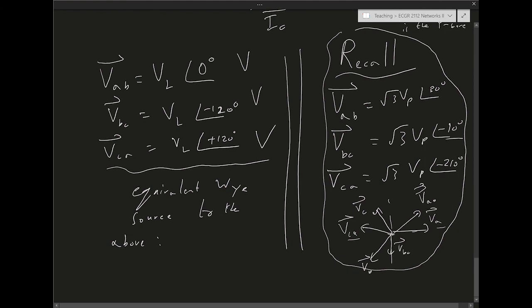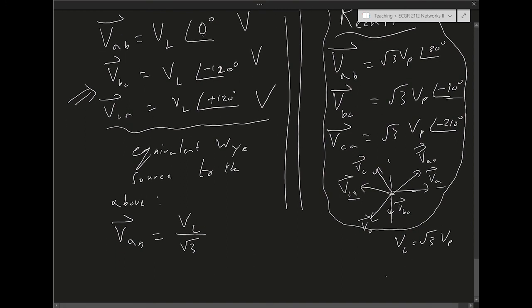So in this case, because we're starting at 0, the equivalent VAN of this delta connected source is VL over square root of 3. First, remember this relationship, VL equals square root of 3 VP. So VP is VL over square root of 3.